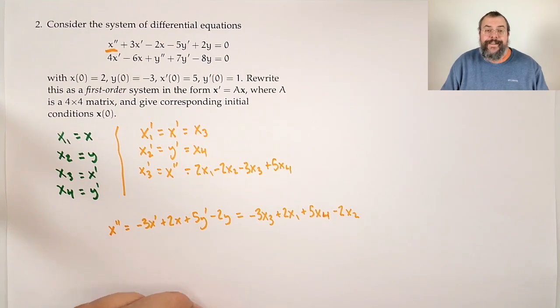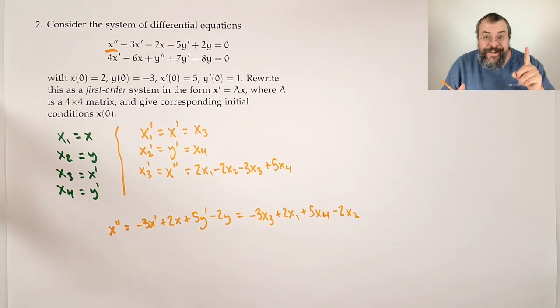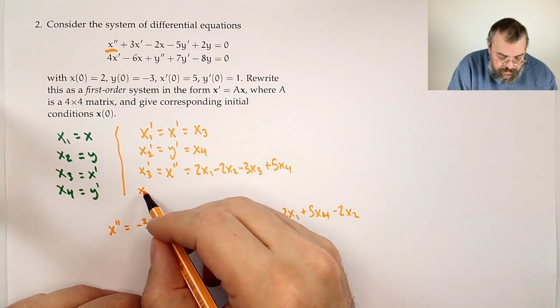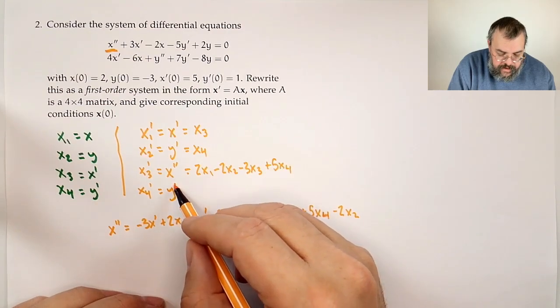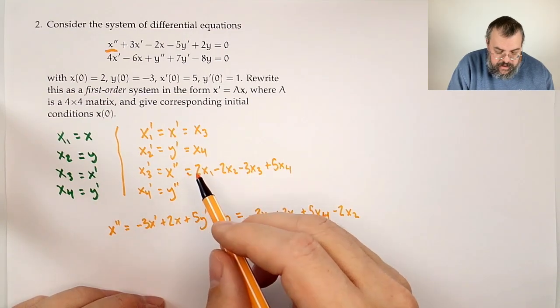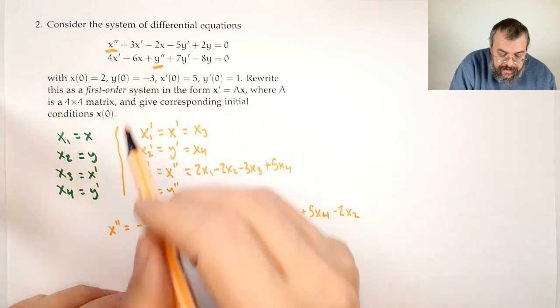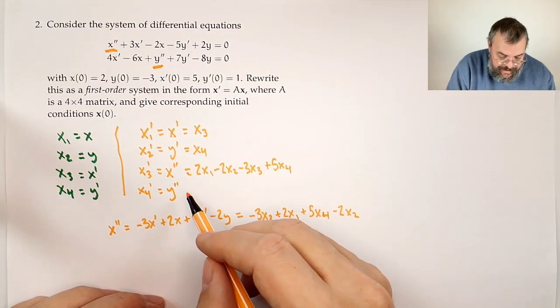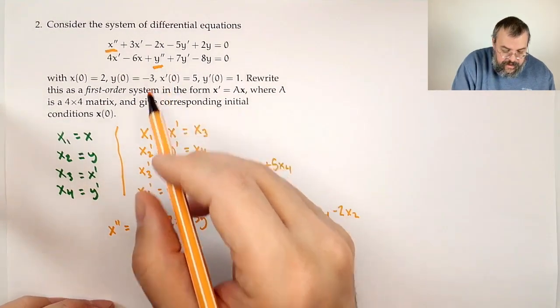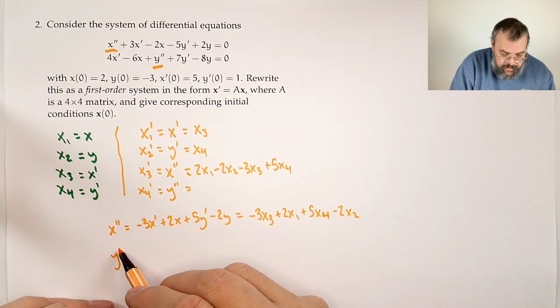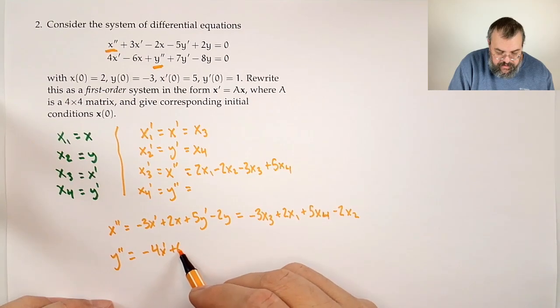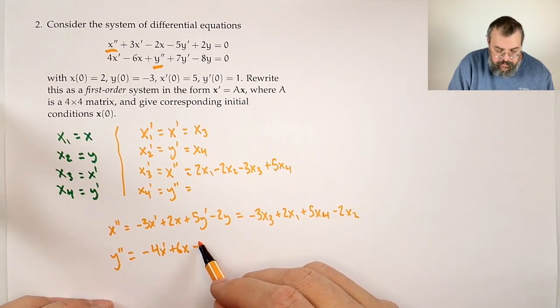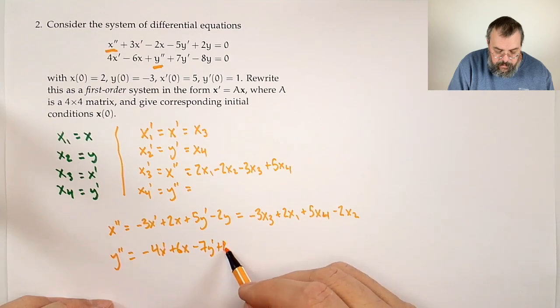One more to go, and probably you're going to see where we're going here. x4 prime is y double prime. Hey, there's a y double prime. Let's come up here and solve for y double prime. That's minus 4x prime plus 6x minus 7y prime plus 8y.